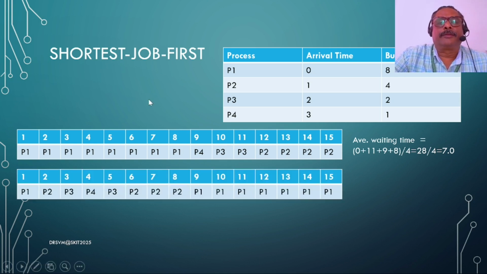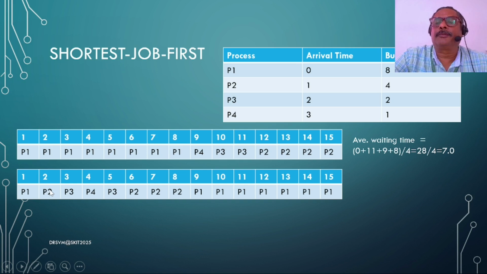Now instead of non-preemptive, if it was preemptive, we would have started at 0 with only P1, so we start with P1. But after 1 unit of time, P2 arrives, and we realize that P1 has done 1 unit of work and still 7 units of work remain. P2 needs only 4 units, therefore P2 gets the chance.